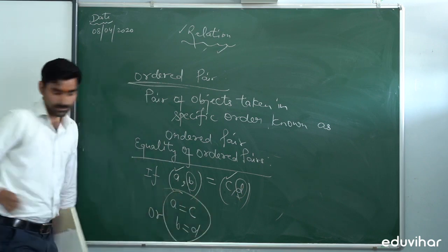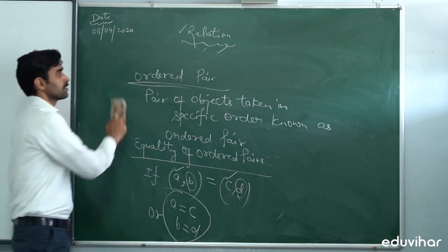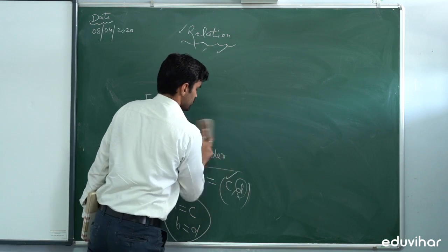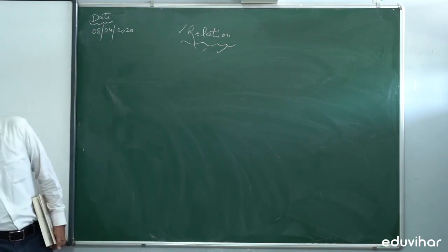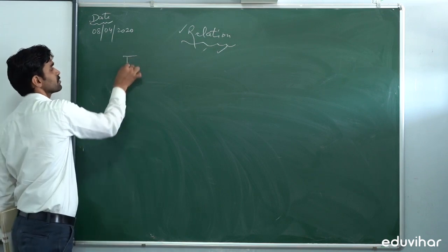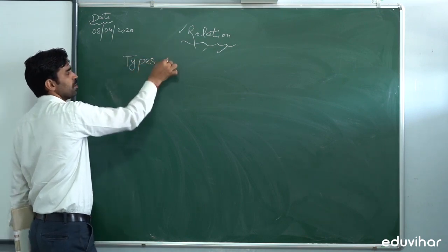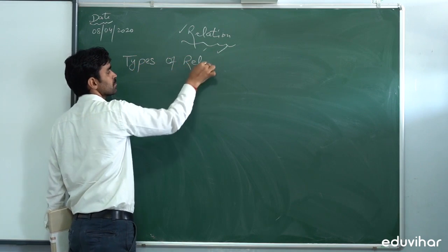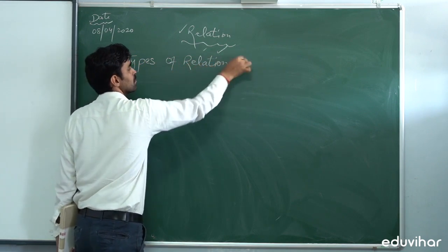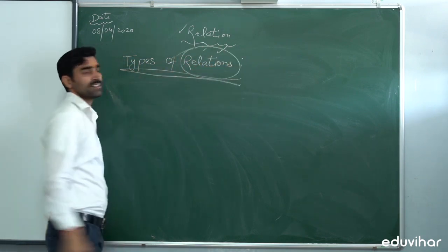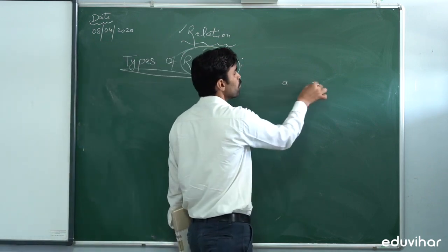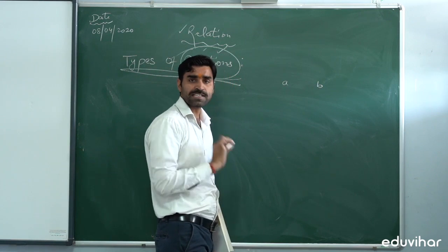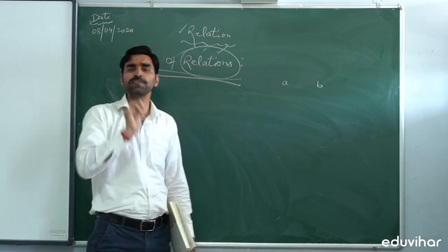Okay, now next, types of relations. Now I will discuss types of relations. As the word relation suggests, there are two or more numbers which have some relationship between them.